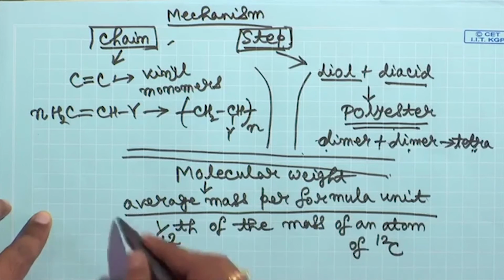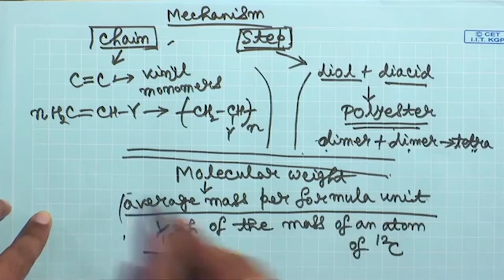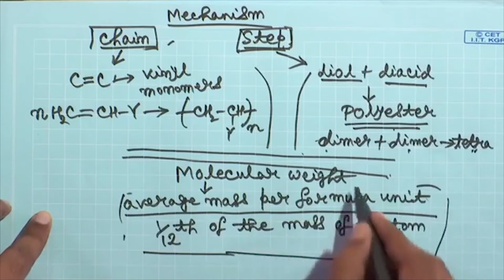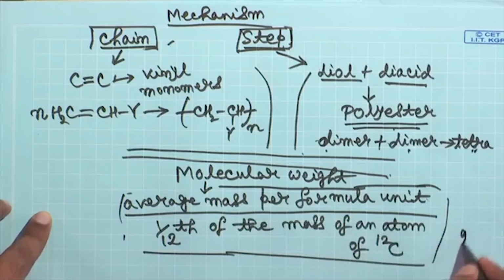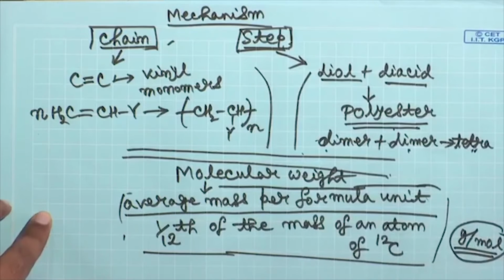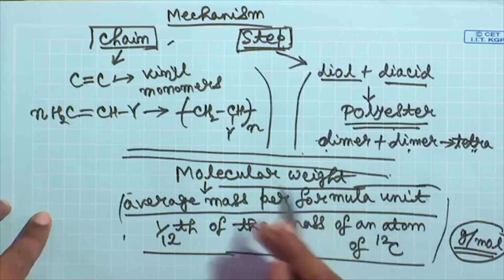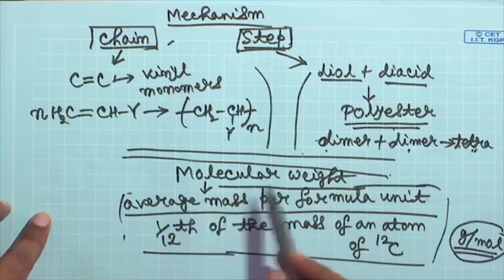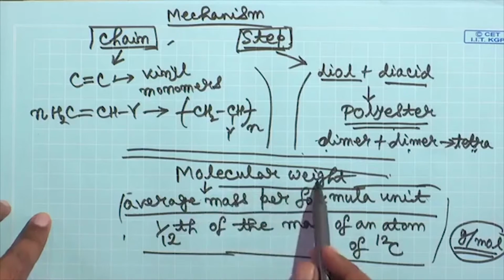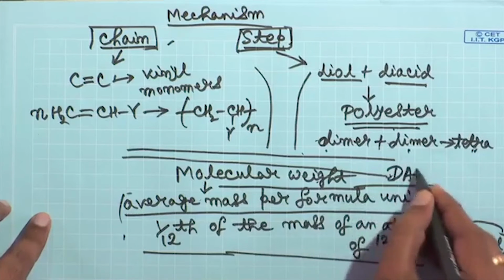So, that way molecular weight does not have a unit like gram per mole. You basically say that molecular mass has this unit, but still it is quite prevalent that people use gram per mole for molecular weight, and I do not see any problem in that, because that does not change the science that we discuss. But it is important to keep in mind that for molecular weight we use something called Dalton.